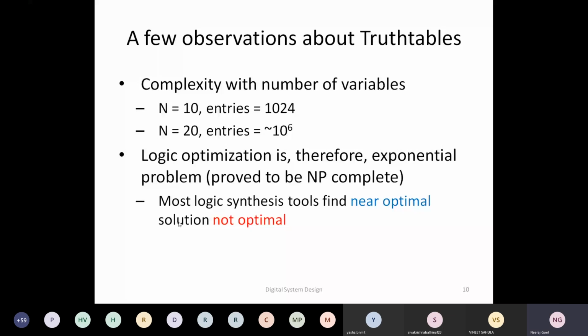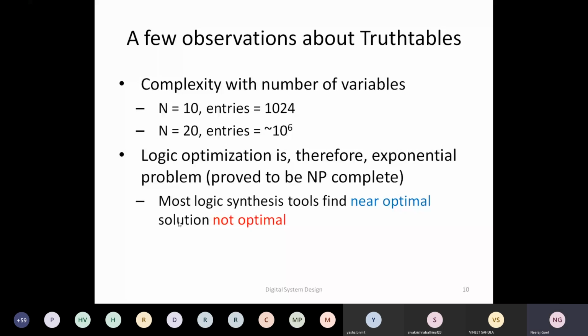We don't know how to do it. Even for 10 variables, the number of entries is 1024. That means so many min terms are possible. And if I try to find the solution, this is exponential. And this particular problem is proved to be NP complete.